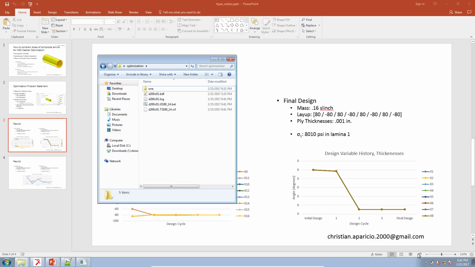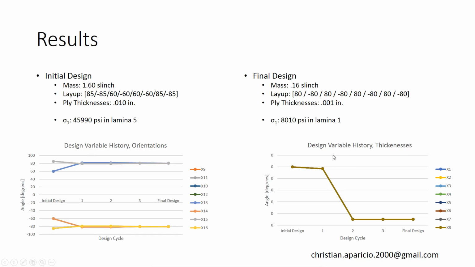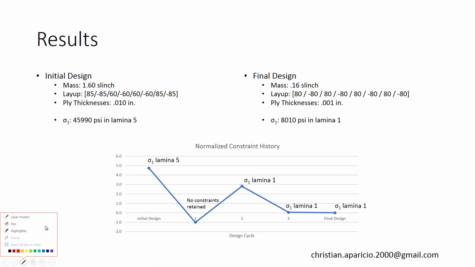And while that's happening, let me stress one detail on this. I definitely want you to walk away from this video with some really useful information. Here in this plot is a progression of the normalized constraint history. If you're asking what normalized constraint history is, again, I have another video in my YouTube channel. You could refer to that for details on what this normalized constraint is.